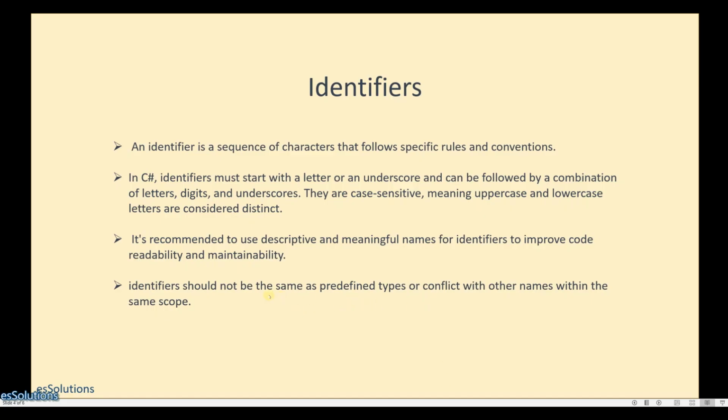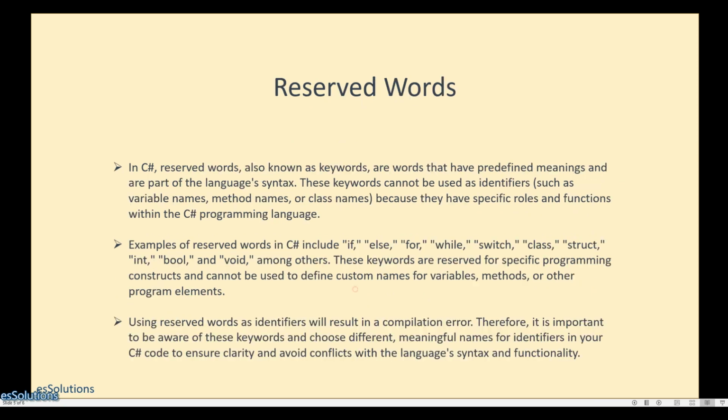Also, identifiers should not be the same as predefined types, and that brings us to reserved words. So what are reserved words? Those predefined types we are talking about are what we call reserved words, also known as keywords. They are words which have predefined meanings and are part of the language syntax. They cannot be used as identifiers.